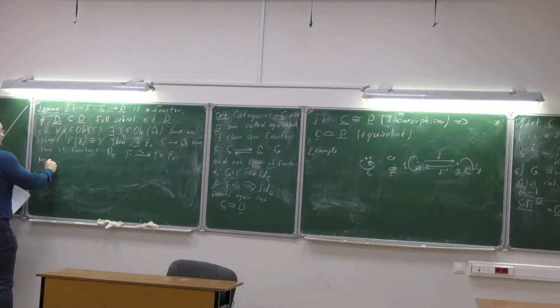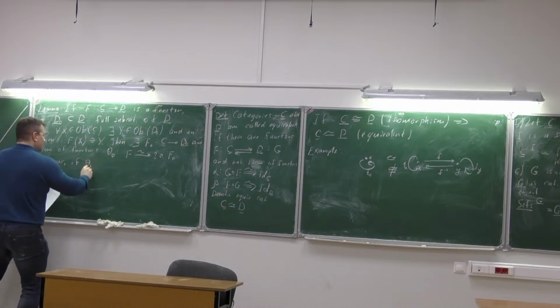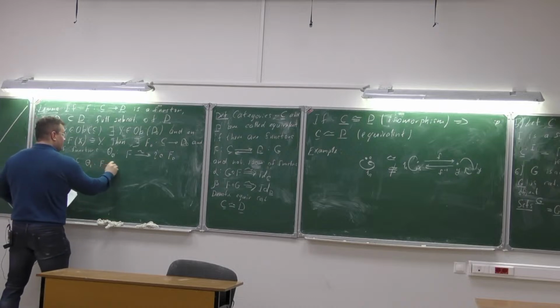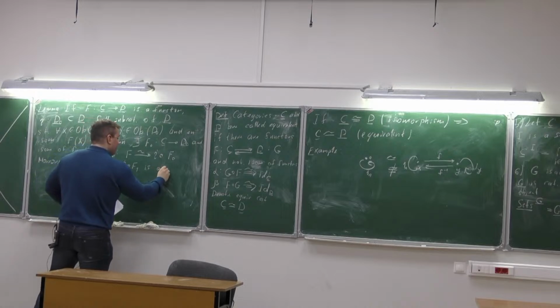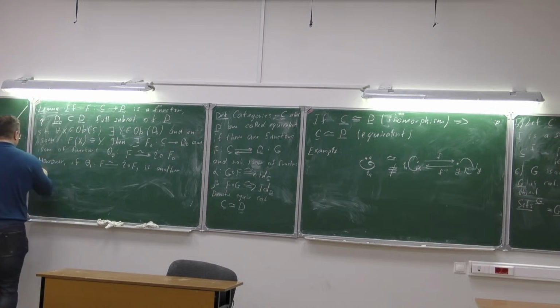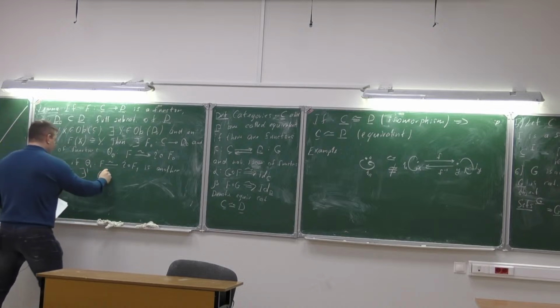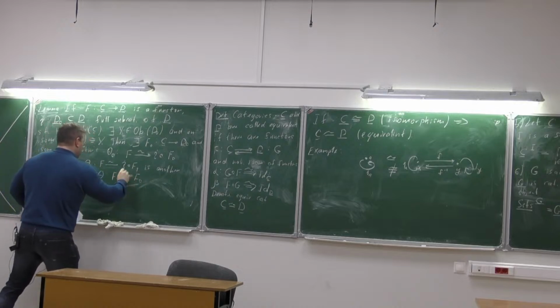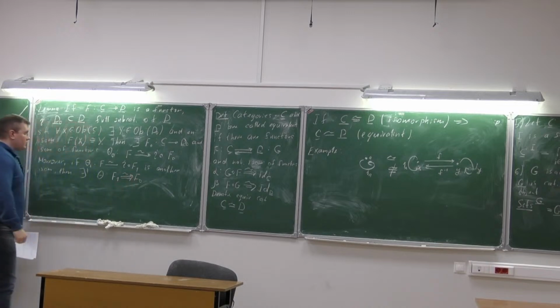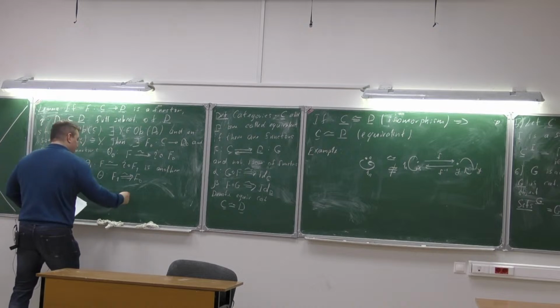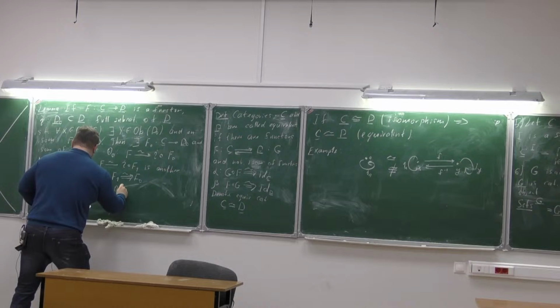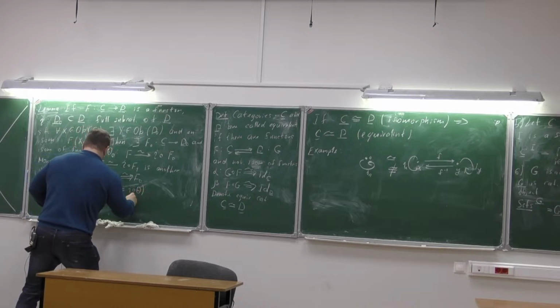Moreover, if theta 1 is another such isomorphism between F and the composition of I with some functor F1, then there is a unique natural transformation, again not just a natural transformation but a natural isomorphism, theta of the functors F1 and F naught, and you can say that theta naught is the composition of I and theta 1.